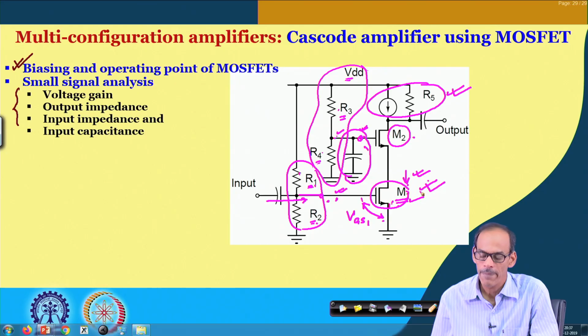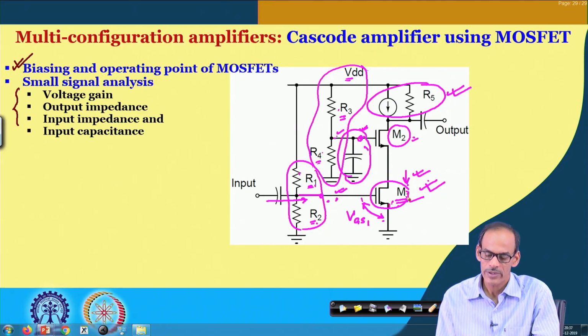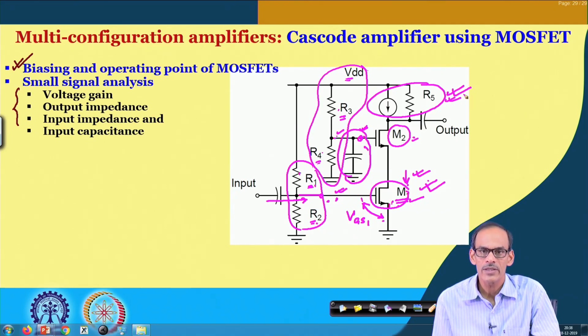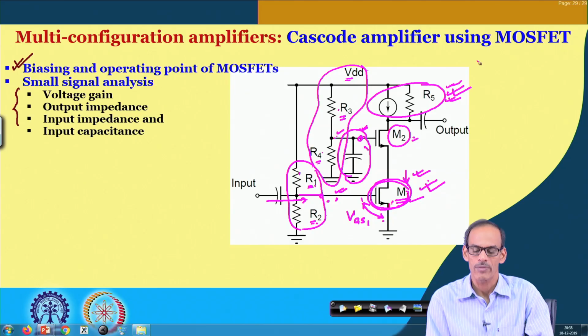If it is not taken care of, then probably M2 will enter into the triode region, and if there is further mismatch, then maybe M1 also will enter into the triode region. There is another possibility, of course, that it may push this circuit into malfunction, and as a consequence the amplifier may not give good performance. So, while designing this circuit, we need to take care of proper matching of the DC current of transistor 1 and whatever bias circuit we have.